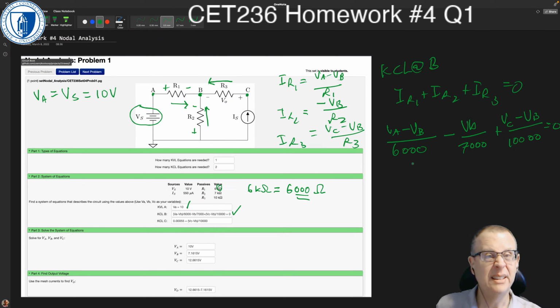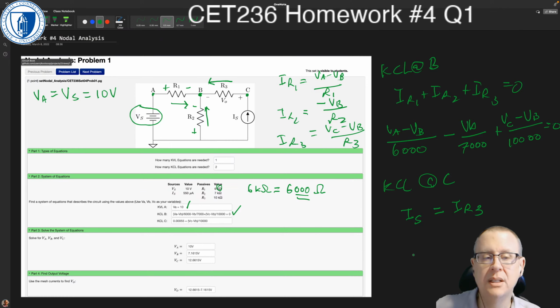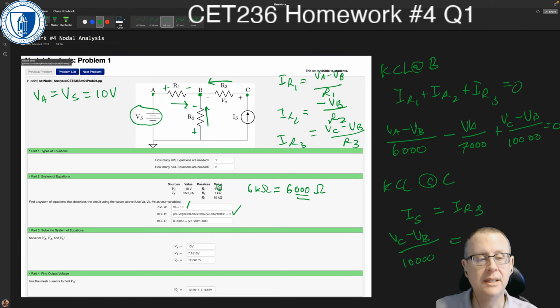And then the KCL at C is just going to be, well, IS is the current flowing into the node, and IR3 is the current flowing out of the node. So IR3 is VC minus VB on 10,000, and that equals whatever we've got there.